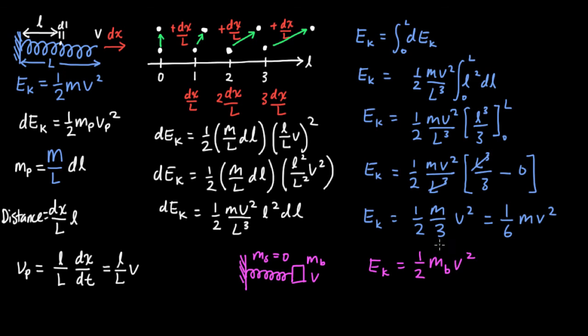We see that if m sub b equals m over 3, then the kinetic energy of this system will be the same as the kinetic energy of a spring with mass m. We say that the effective mass of a spring is equal to its mass divided by 3.